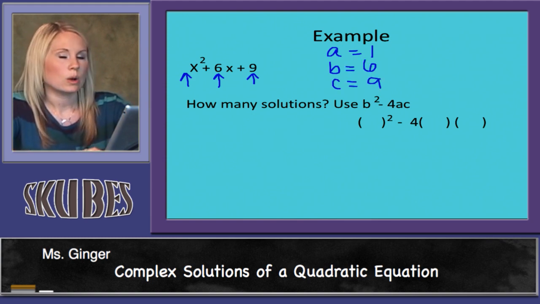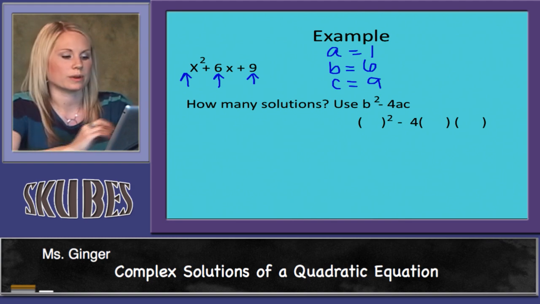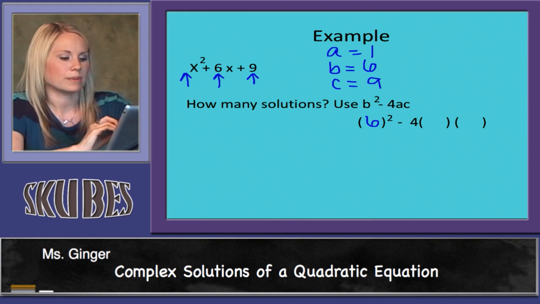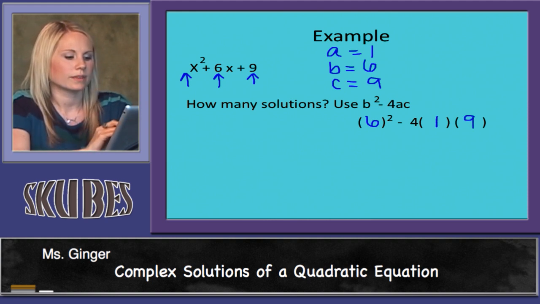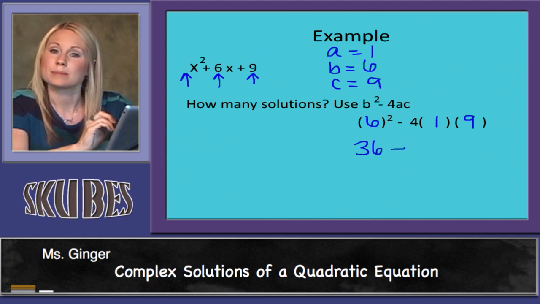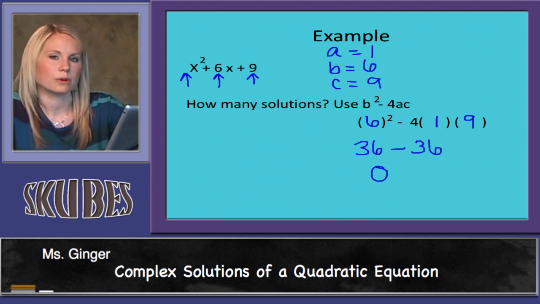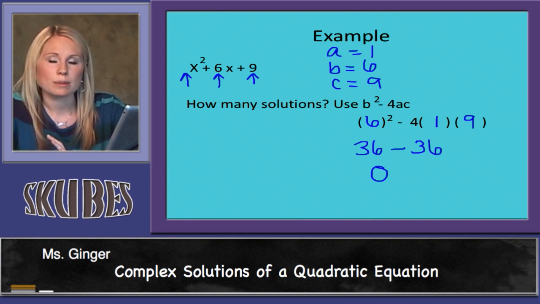So let's see what kind of solutions this quadratic would have. Using the discriminant, we have our b in the front, our a next, and then our c. 6 squared gives me 36, minus 4 times 1 times 9 actually also gives me 36, which means I have 0.